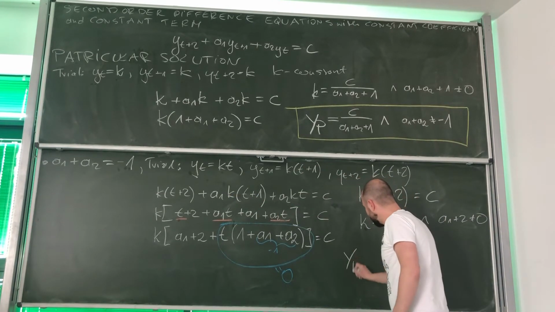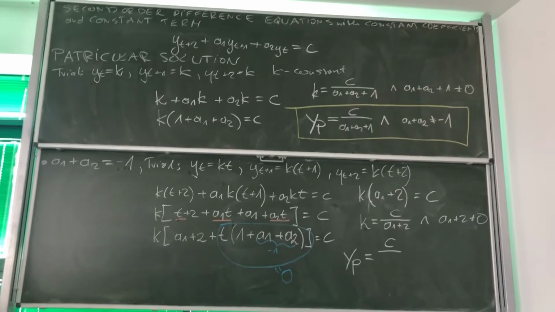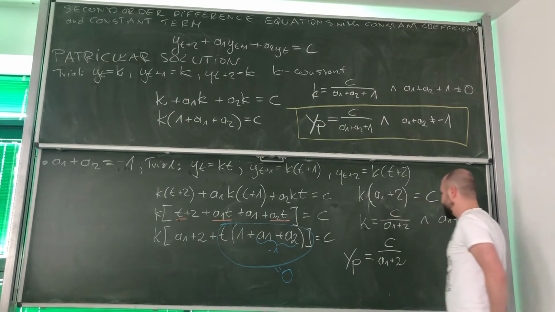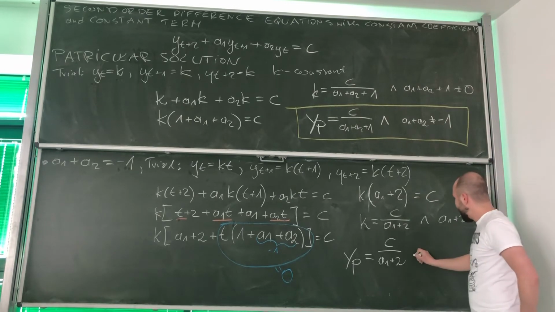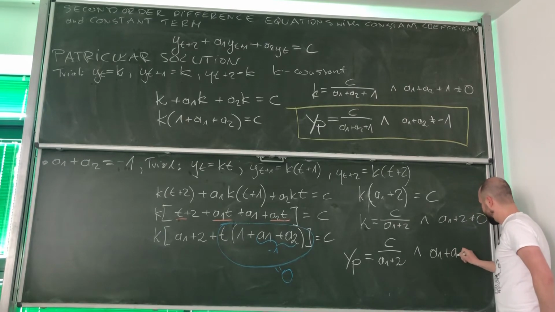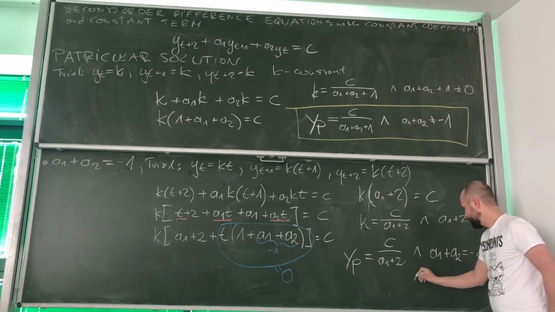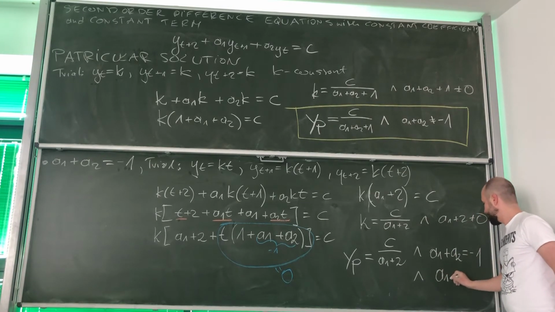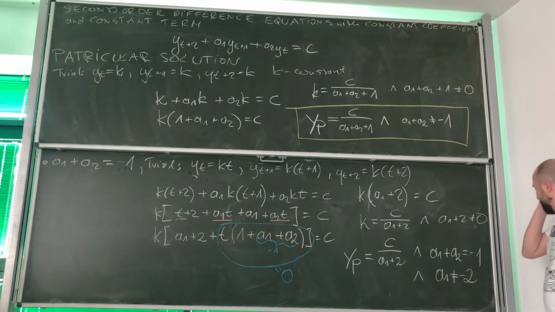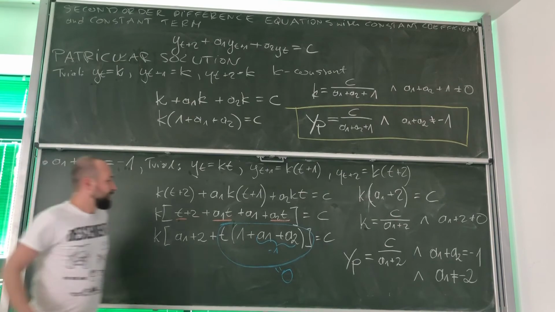So the particular solution for this case is c over (a1 plus 2), and a1 plus a2 must be equal to -1, and a1 must be different than -2. Okay, so we've got the solution now.